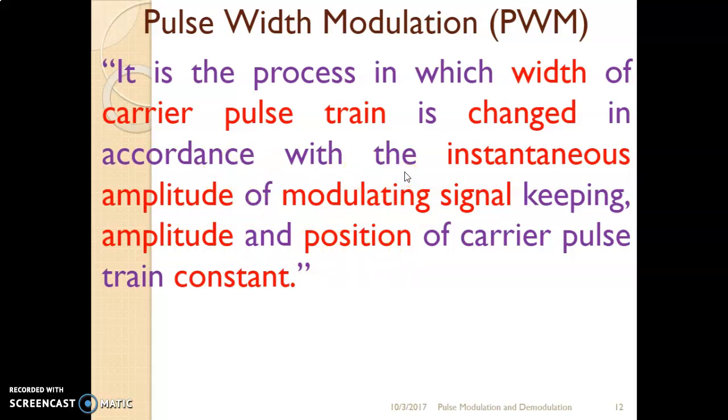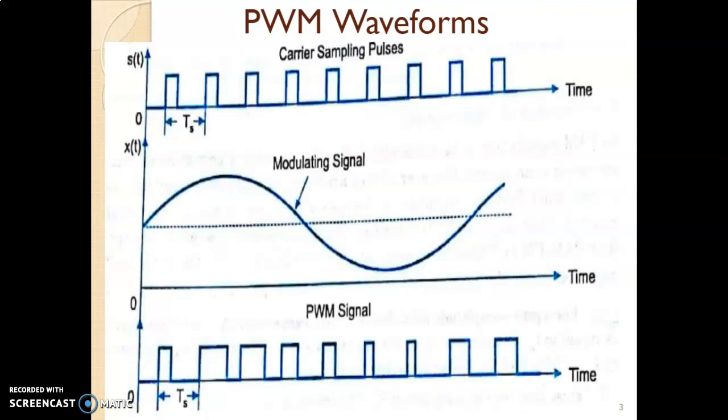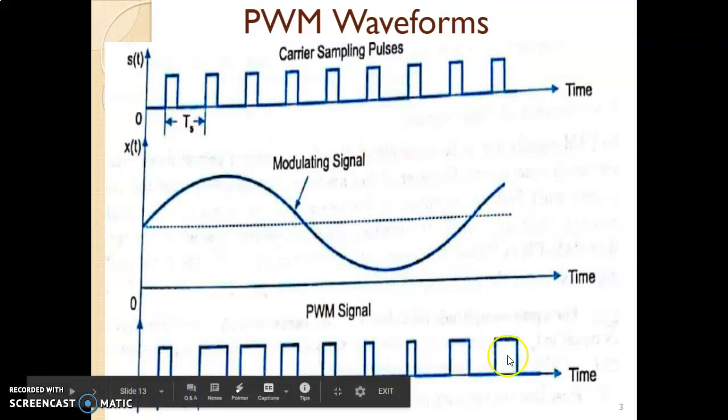So here we are going to change the width, and this particular advantage will have a big application in our industries. Now, if we see the waveforms of PWM, we have this as the modulating signal. Then we have the carrier sampling pulses, and the output of PWM you can see in this graph, wherein the width of the pulse is changing.